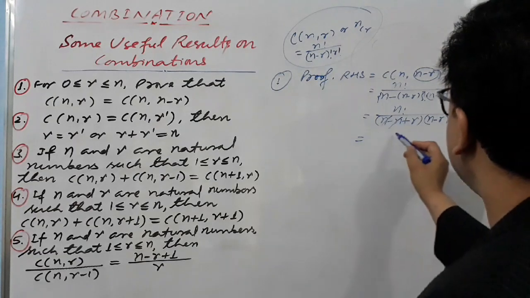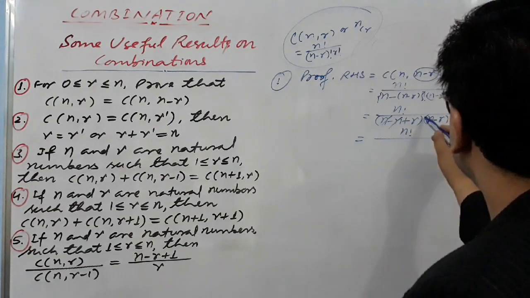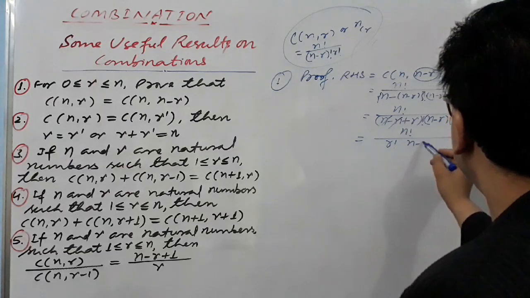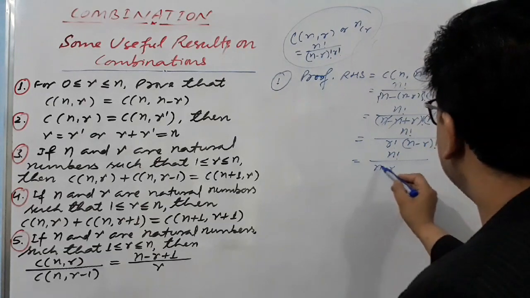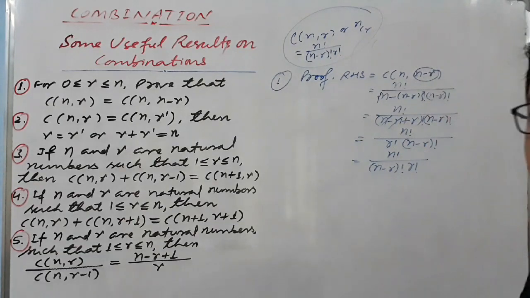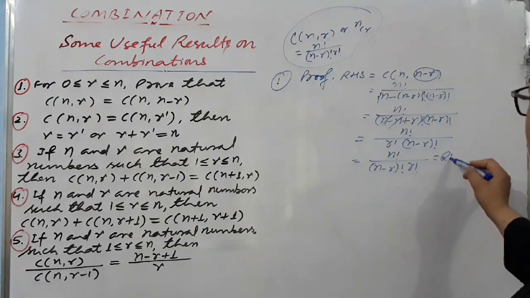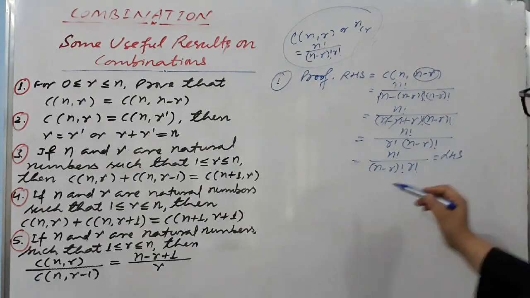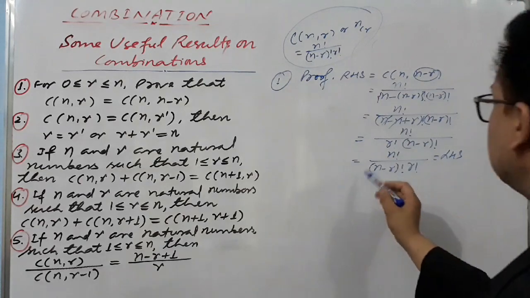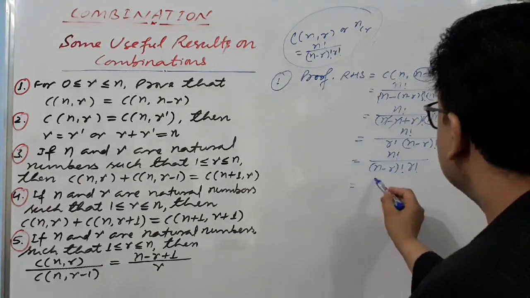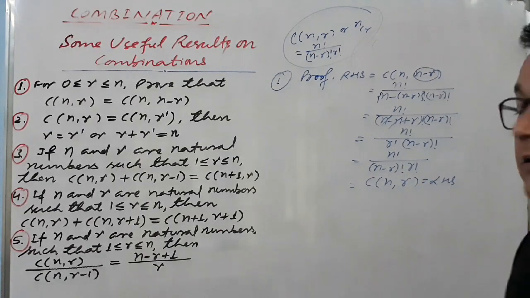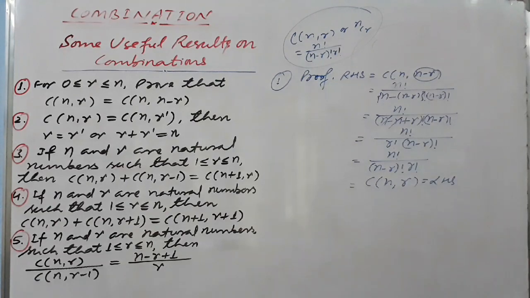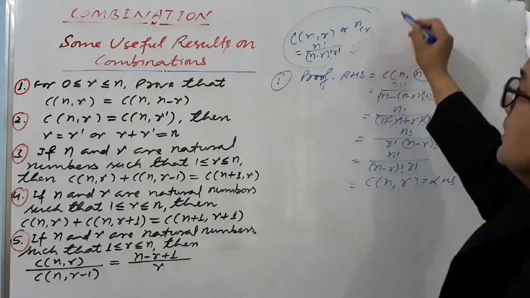Here n cancels, and you get n factorial upon r factorial, (n minus r) factorial, which is equal to your left hand side, nCr. So we have proved the right hand side is equal to the left hand side, in a very simple way. You just have to use this theorem.